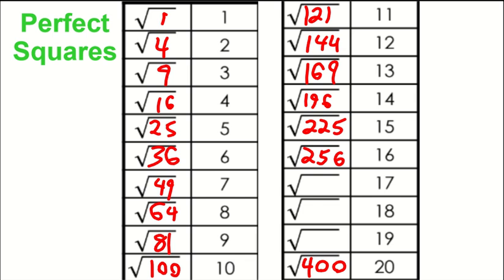These maybe don't follow a pattern, but they do get higher as you go, right? So we gotta keep getting higher numbers. It can't be anything lower than 256. So 289.